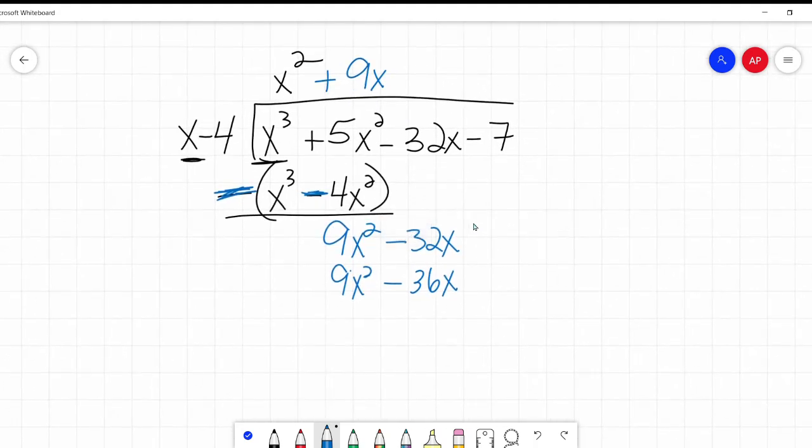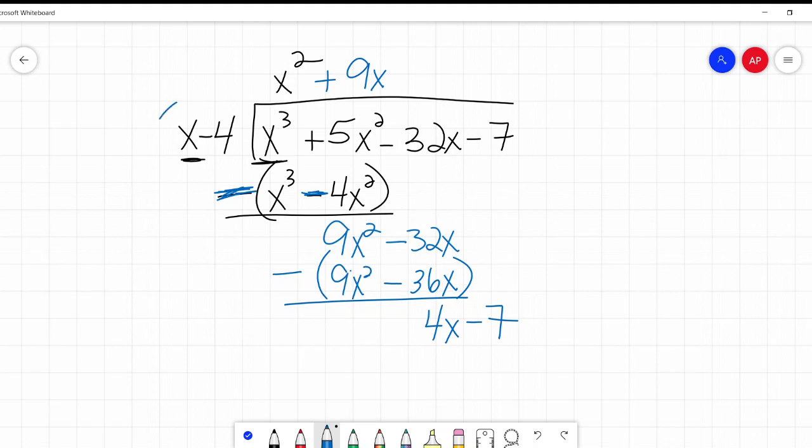Once again, I'm subtracting all of this. 9x squared minus 9x squared is 0. Negative 32x minus a negative 36x is 4x, because the minus a negative is like plus a positive. Bring down the next term, minus 7.